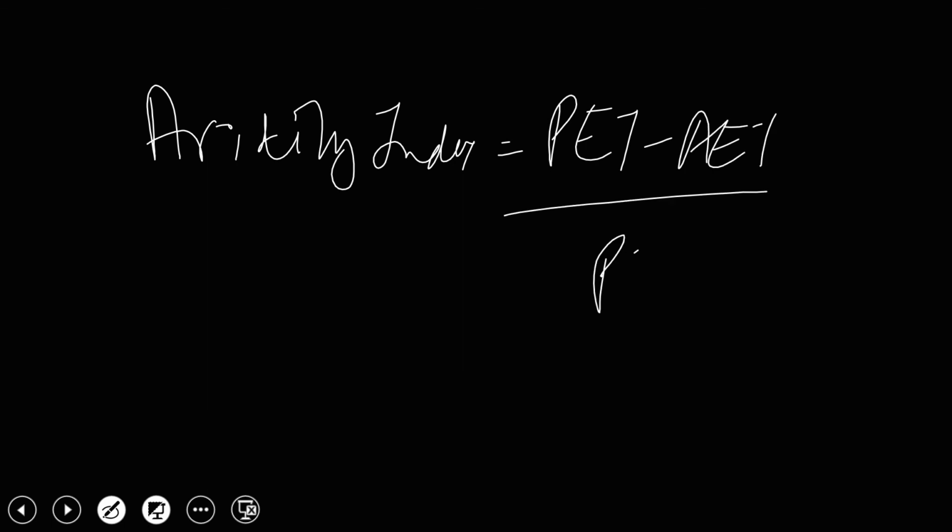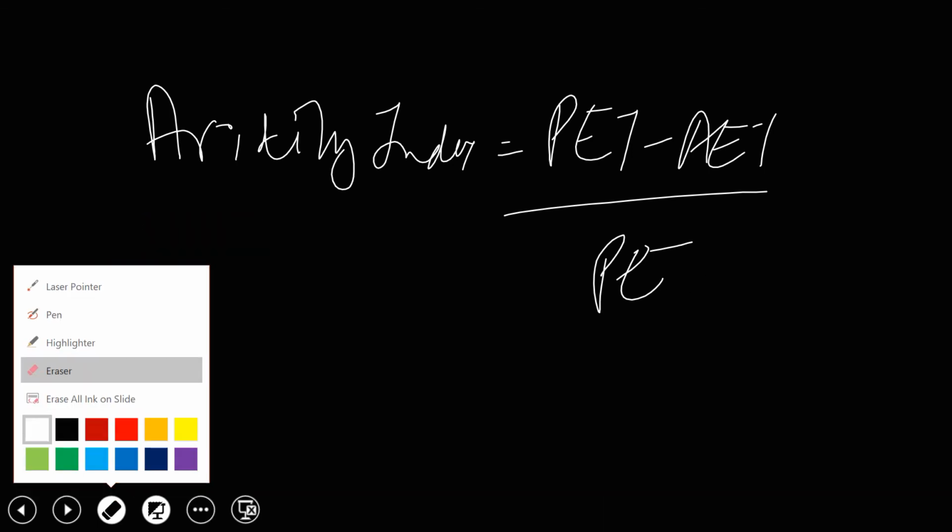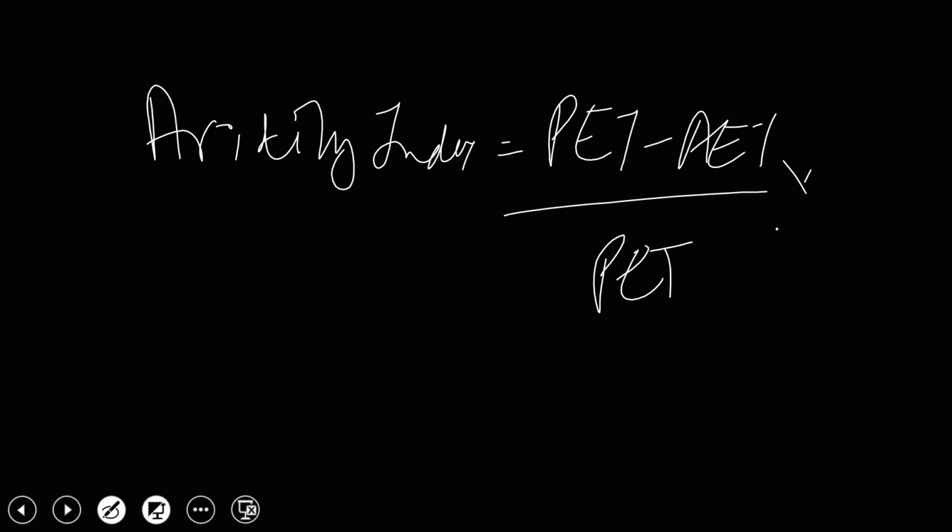Now, there is one particular index which we should know, that is known as Aridity Index. Now, Aridity Index is defined as PET minus AET divided by PET. And if we have to measure it in terms of percentage, multiply by 100.